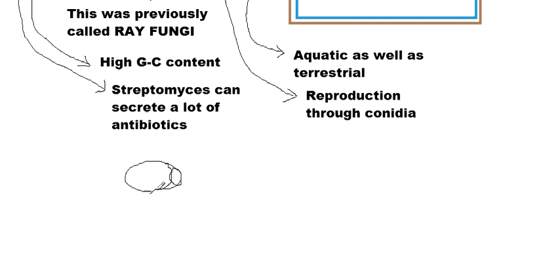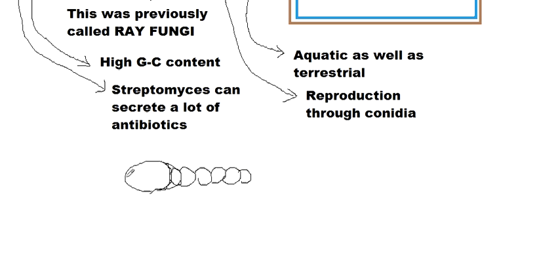So two cells will be formed, and then the parent cell will grow and again pinch another portion out. After doing it several times, you will find some small portions pinched out like this. These are the conidia or the conidiospores. One of them can give rise to a bacterium.